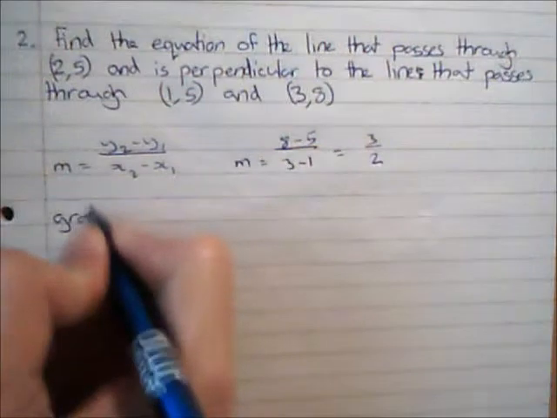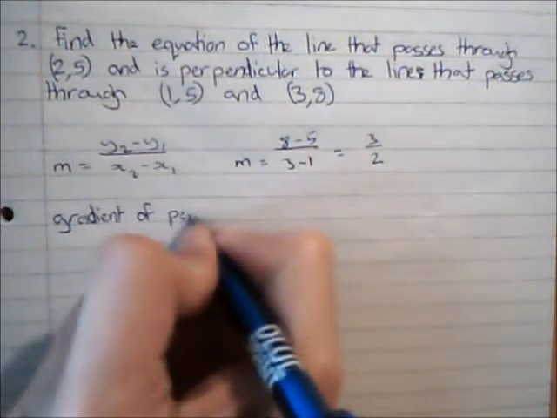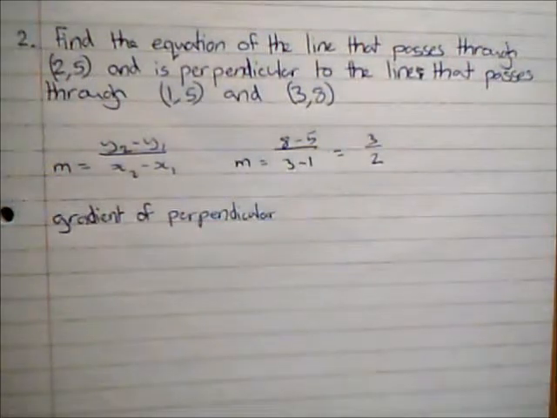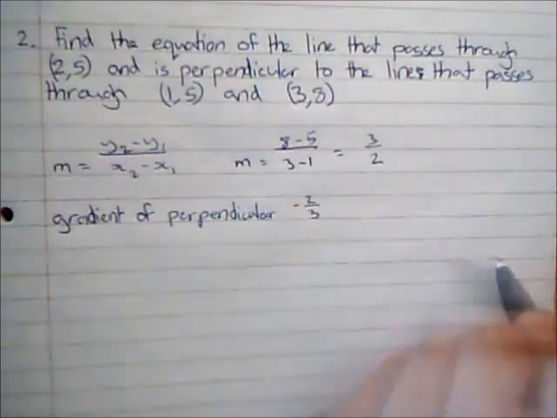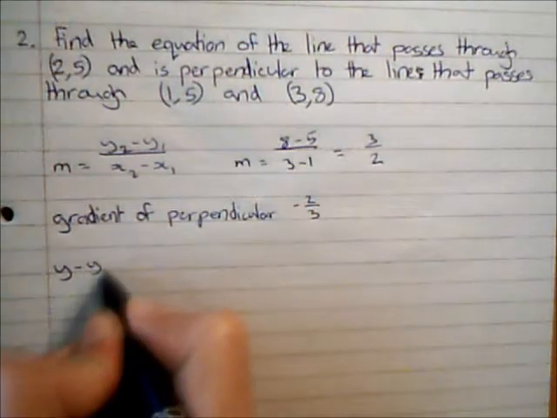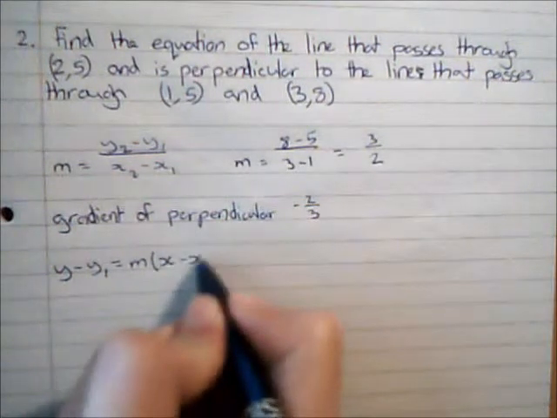So now I can use that to find the gradient of the perpendicular line, and that's the negative reciprocal of the gradient of the original line. So 3 over 2 will become -2 over 3. And now I can use my formula again, so y minus y1 is m(x minus x1).